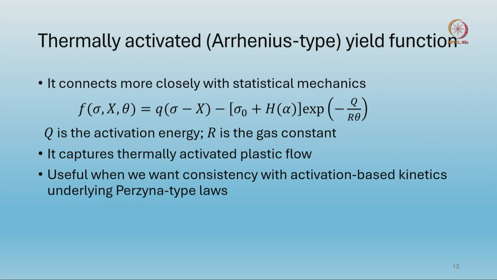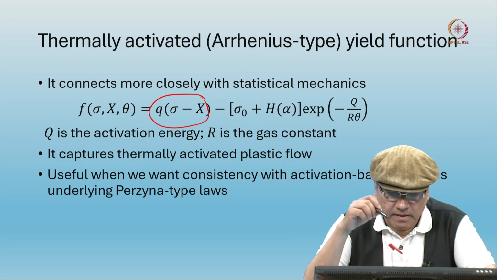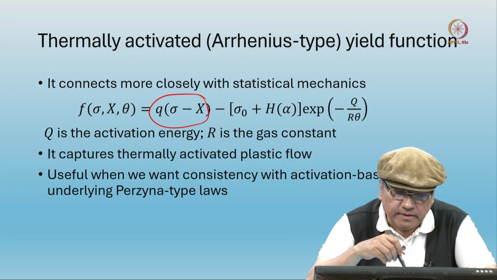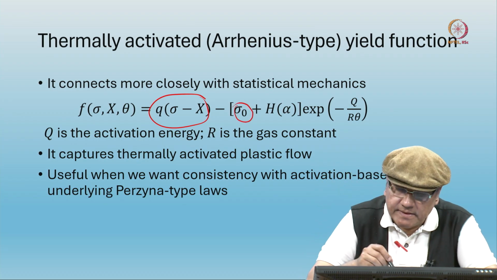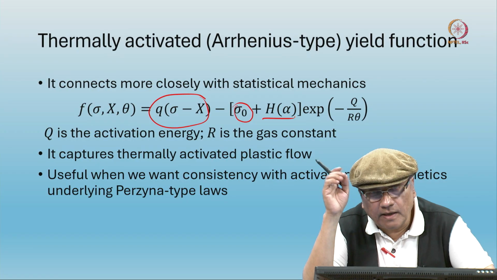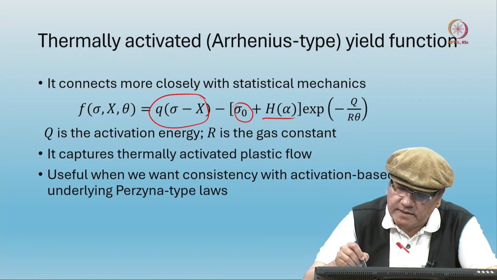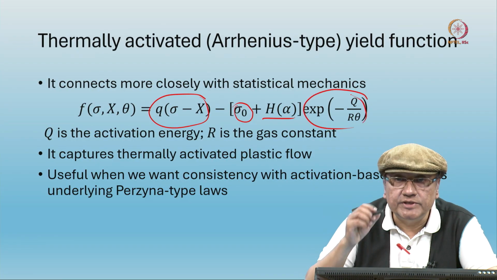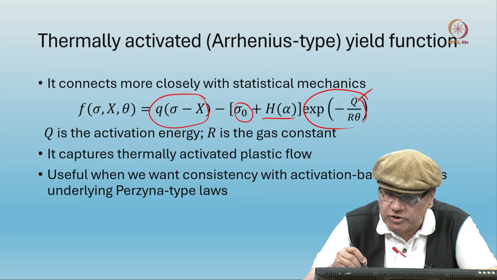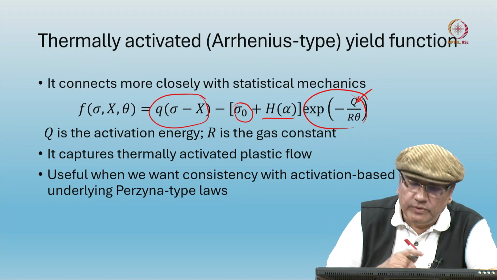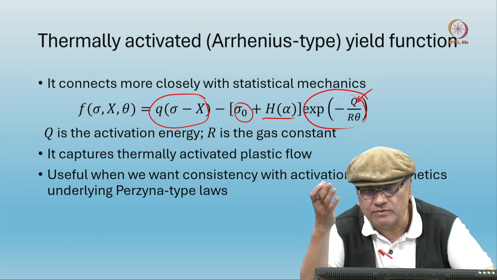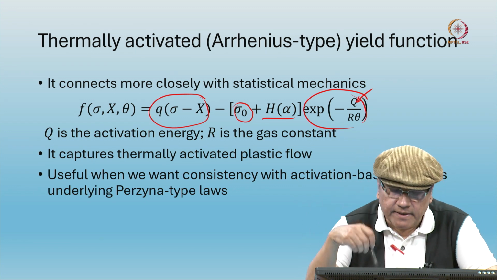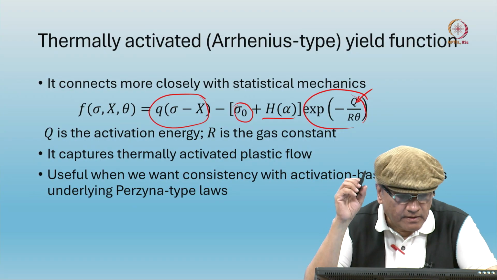Now you see that this Q is common to all the cases. We have an initial yield like thing, sigma 0, yield stress like thing. This is the hardening part, isotropic hardening part, and this is the thermal effect which is captured through this activation Q. Q is the activation energy, R is basically a gas constant, and theta is the absolute temperature, right.